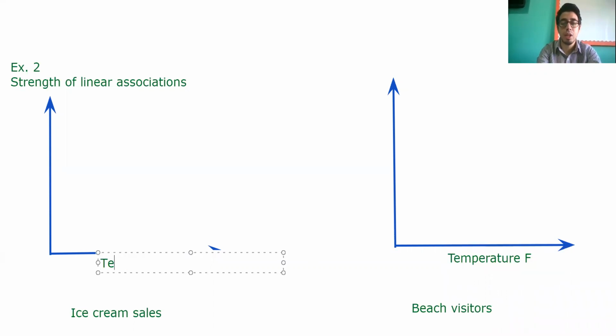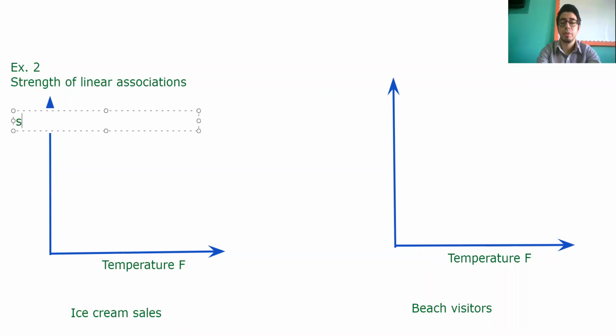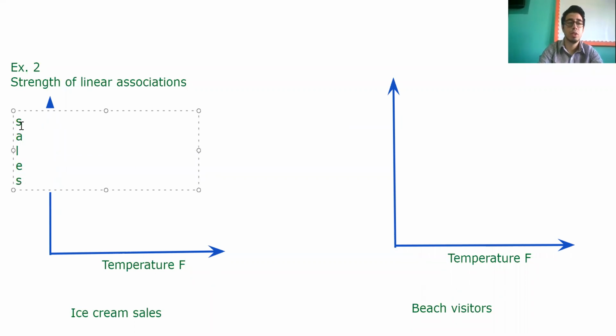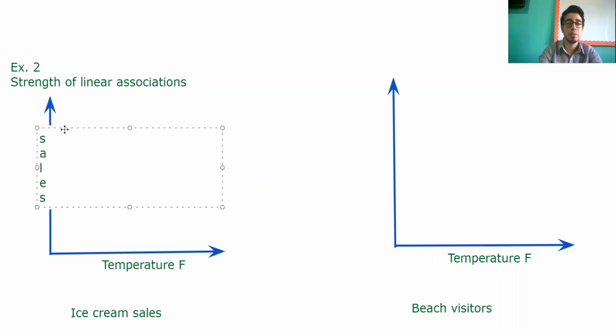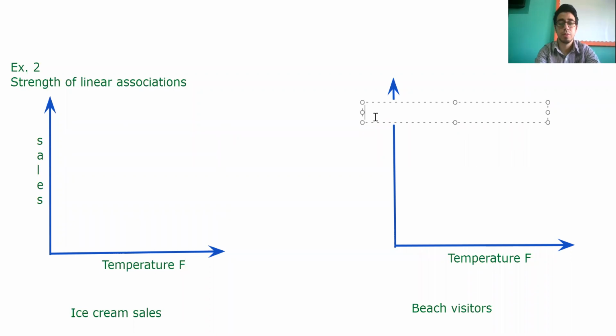So temperature in here in Fahrenheit degrees. And in the vertical one, we have the number of people, and this is the total sales. This is for the sales, and this is for the number of visitors.